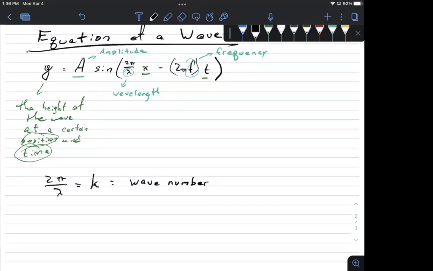You're only writing down a k. And then the 2 pi f, same kind of thing. Instead of writing 2 pi f, we're going to write down a different letter. This letter is the Greek letter omega. It looks like a curly W. And this is called the angular frequency.